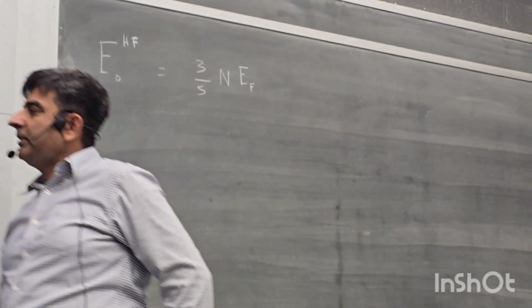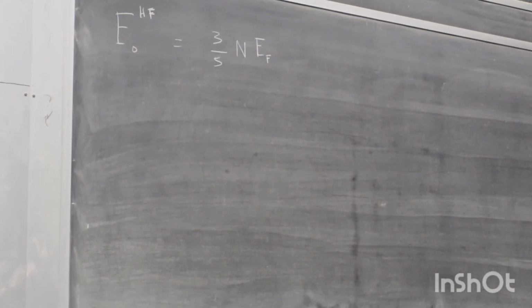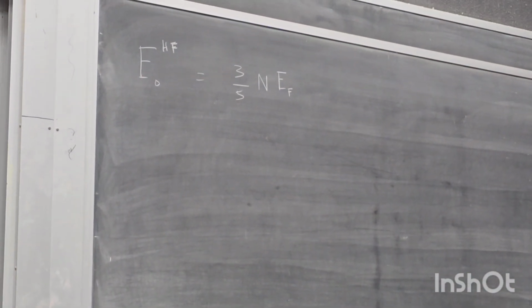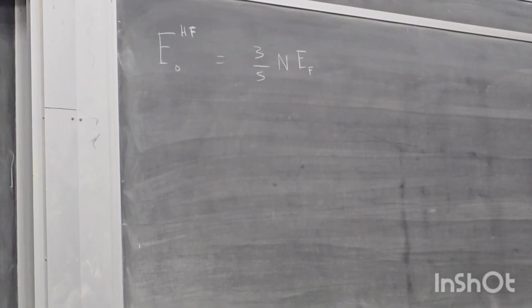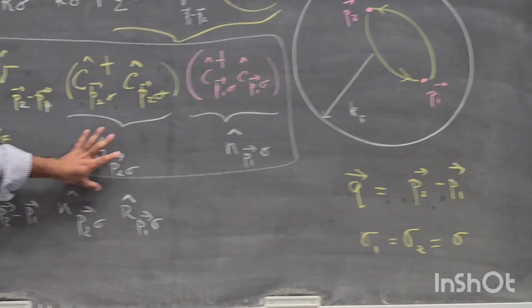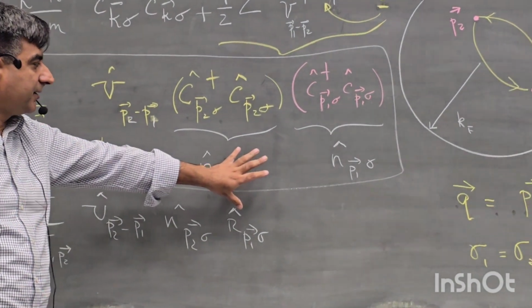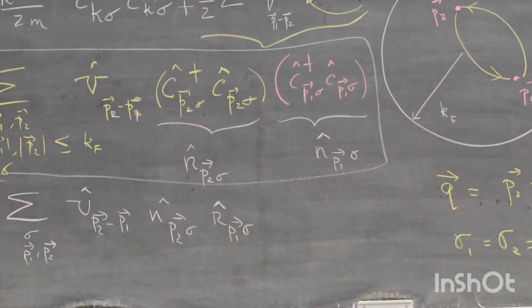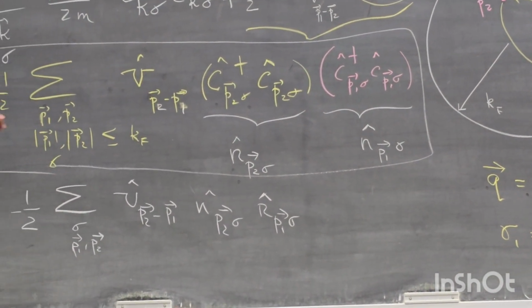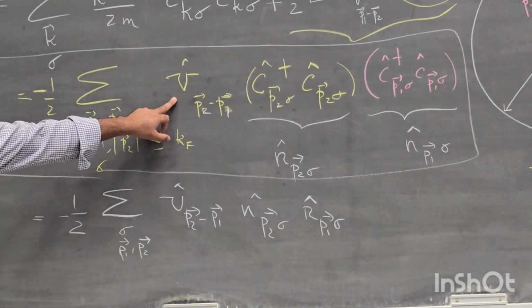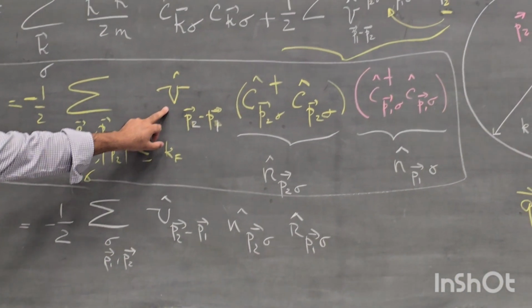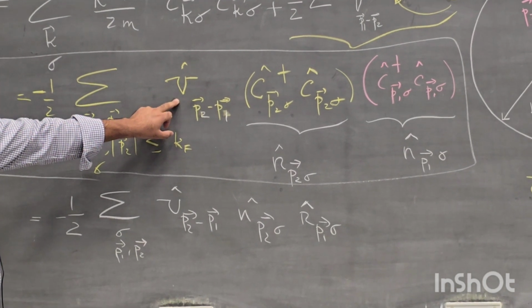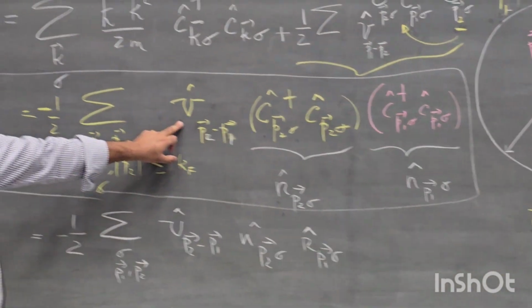This term, if you take the sum over the spins, it's a very easy summation, and we've done this in the previous class as well. I referred to an appendix, a supplementary material, in which I asked you to look up how we integrate.